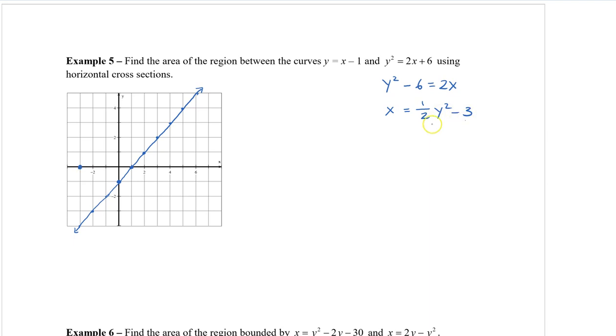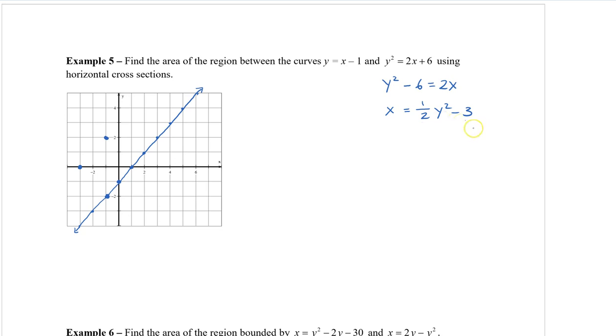And then we can plug in y values to get our x values. So if I plug in plus or minus 2 for my y, I'm going to get -1 for y equals 2 and -1 for y equals -2. There's one more point that I can check here, which is what happens when I plug in 4. So 4 squared is 16. 16 divided by 2 is 8.